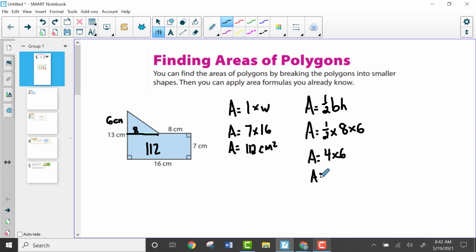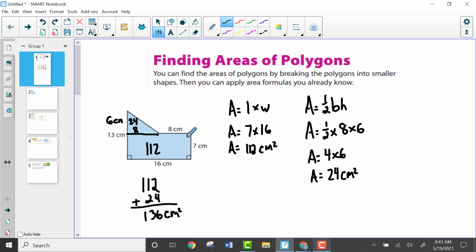The area of the triangle is 24 square centimeters. So now we have 24 here, and we simply add the 24 and 112 together, and we can see that is 136 square centimeters.